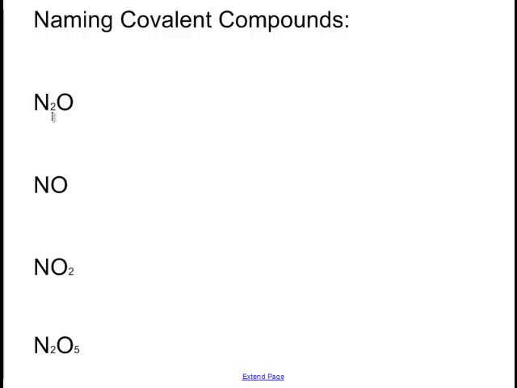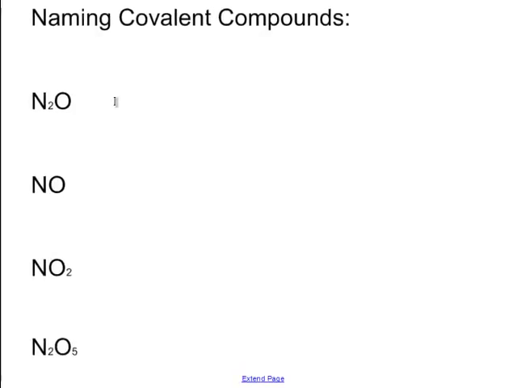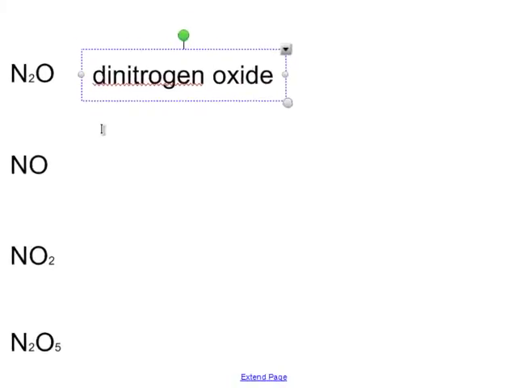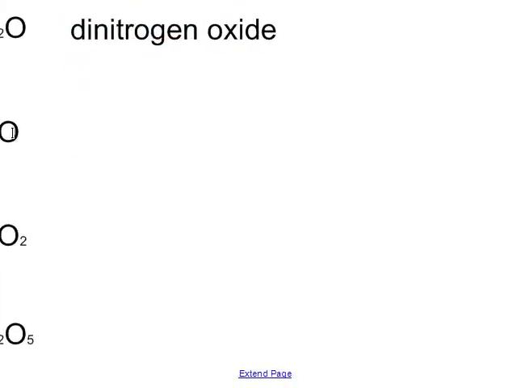To begin with, I look at the subscript and I see that I have 2 nitrogen atoms and just 1 oxygen. So I would name this dinitrogen oxide. For the next one, again, I look at how many atoms I have of each.